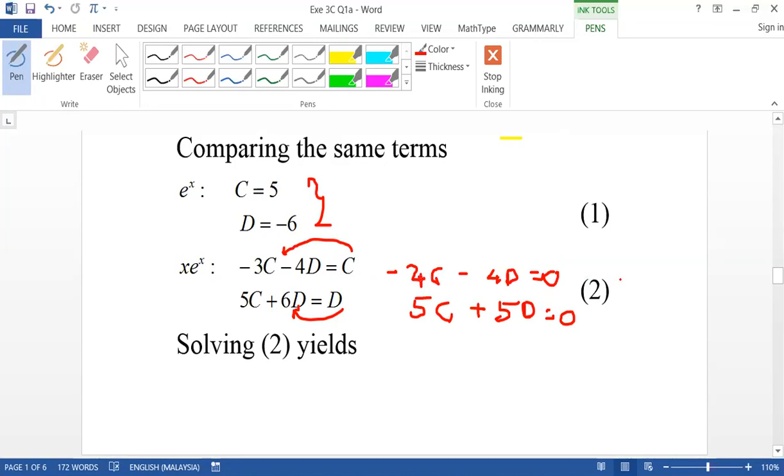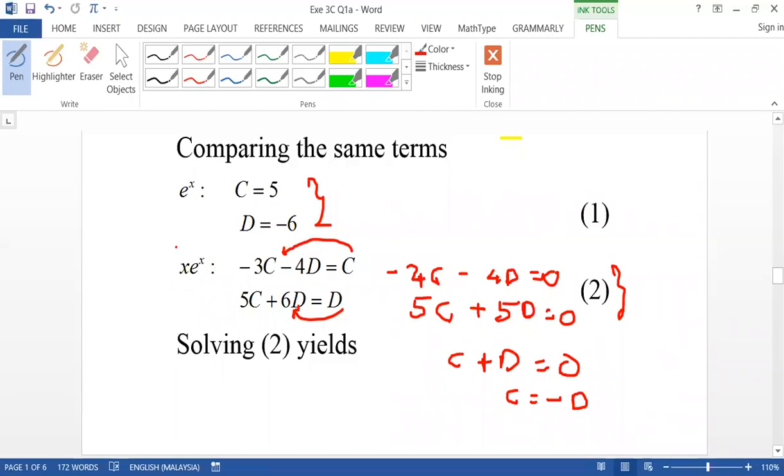Okay, and then if you add up these two, from equation 2 here, after you simplify, you add up 5C minus 4C, you have C plus D equal to 0, or C equal to negative D. However, from equation 1, comparing the exponential term, you already obtained C is 5, D is negative 6.